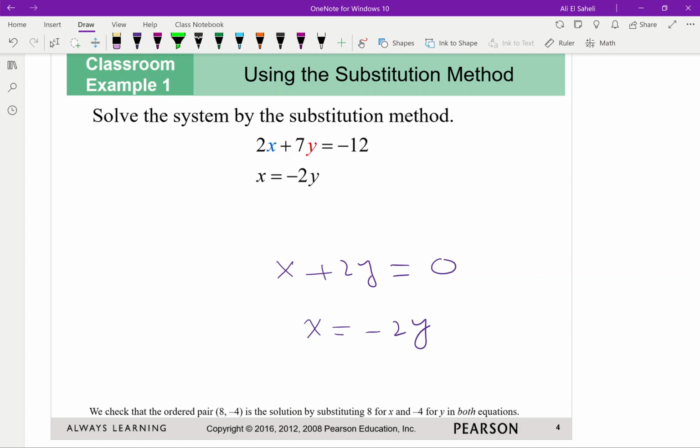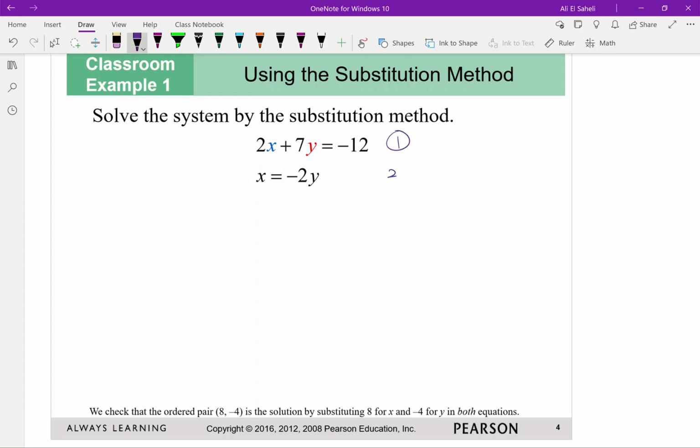The second equation gives us x in terms of y. We use that in the first equation to solve for y. So we have y, then we go back to this equation to find x. So let's see how that works.